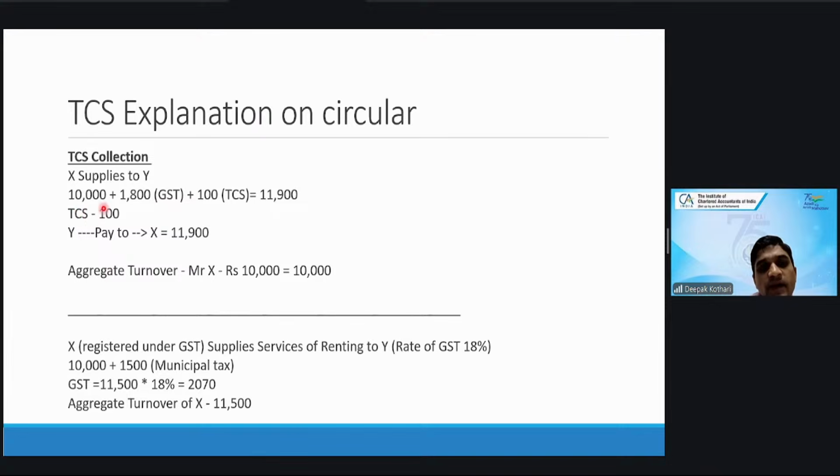So should my value of supply be 10,100 or should it be 10,000? The circular says that TCS value should not be included. So from the total 11,900, I will exclude the GST and I will exclude TCS. Apart from TCS, if there's any other tax, then you have to add. So for the purpose of calculation of aggregate turnover, I will take only 10,000 rupees.